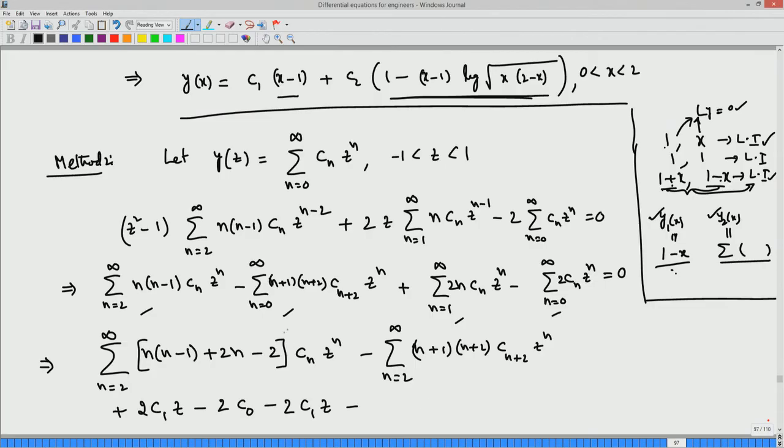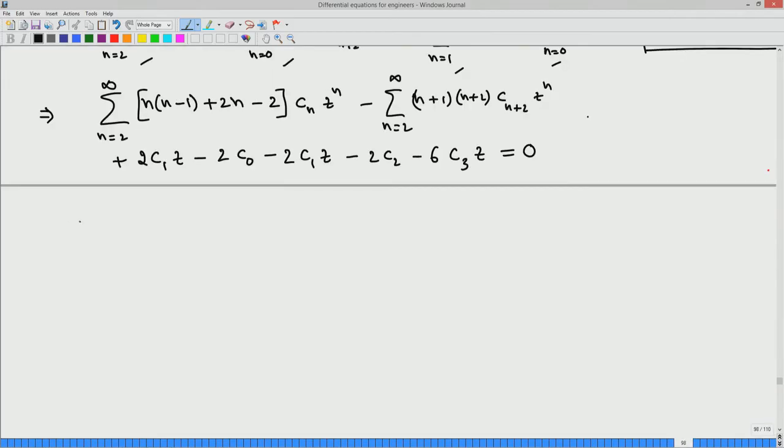So, I have a minus, n equal to 0, you have 2 C 2 z power 0, which is 1, and then n equal to 1 gives minus 2 times 3, 6 C 3 into z, which is equal to 0.